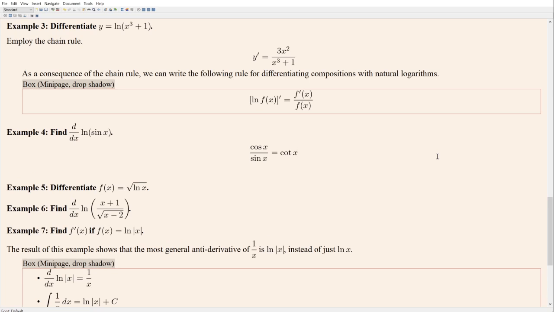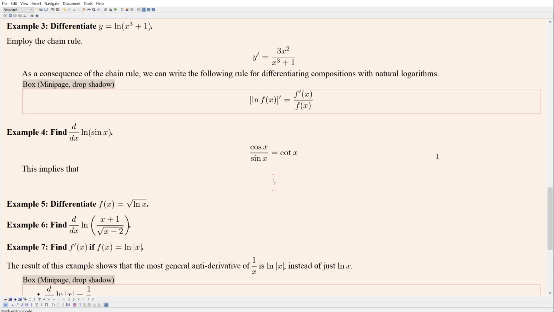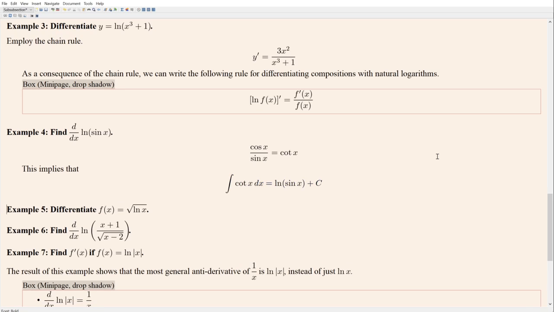So if you ever wanted to know what the antiderivative of cotangent is, well, there you go. It's got a natural log in it.